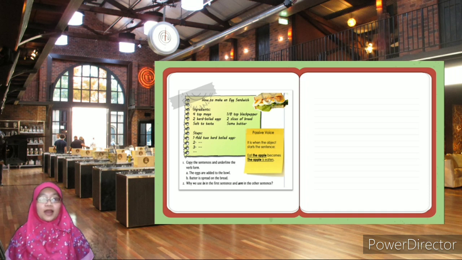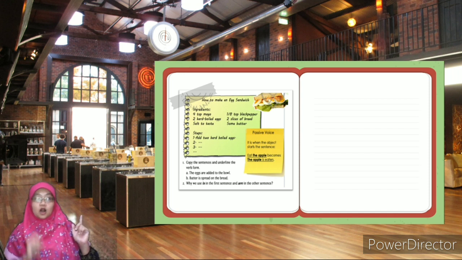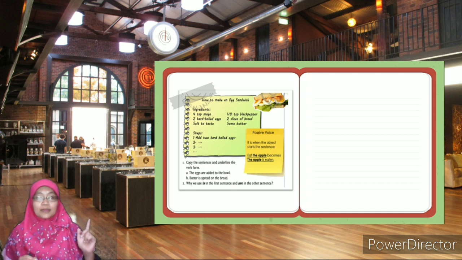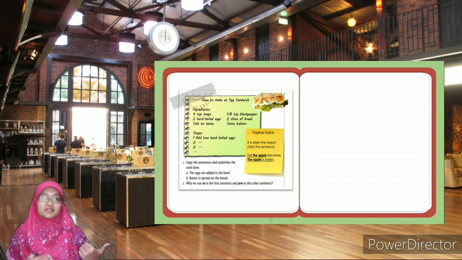Butter is spread on the bread. So the step number 1 is, look at that. Step number 1, add 2 hard-boiled eggs, and then we transform it, we change it into the passive voice, so it becomes the eggs are added to the bowl.